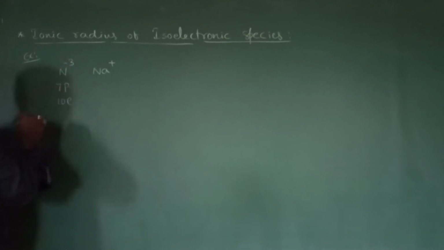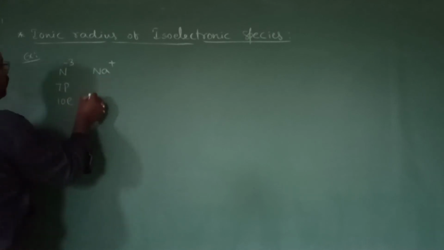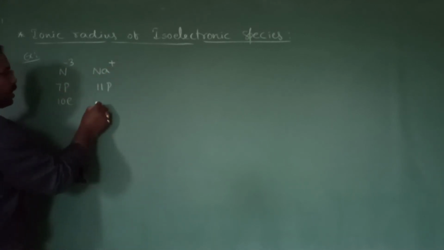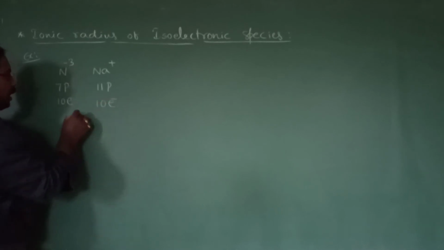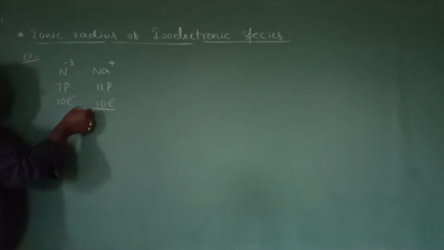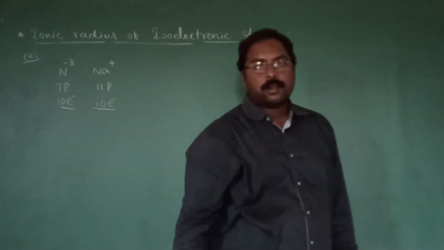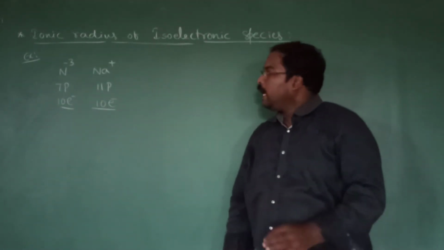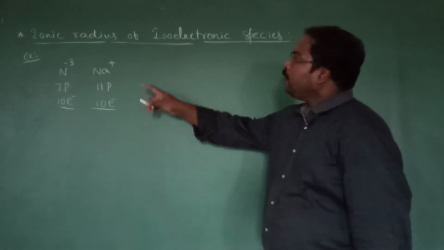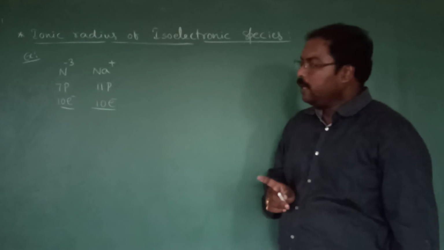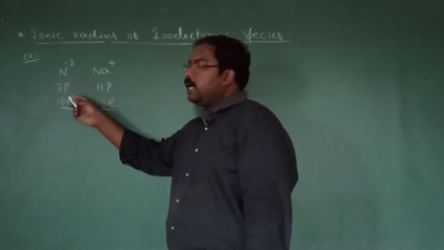So number of electrons is 10. Coming to sodium, atomic number 11. So 11 protons, but lost 1. So contains 10 electrons. So having same number of electrons. So these two are definitely isoelectronic species. Now my question is what? We are going to compare the radius of these two species. Okay? I hope you got the answer.